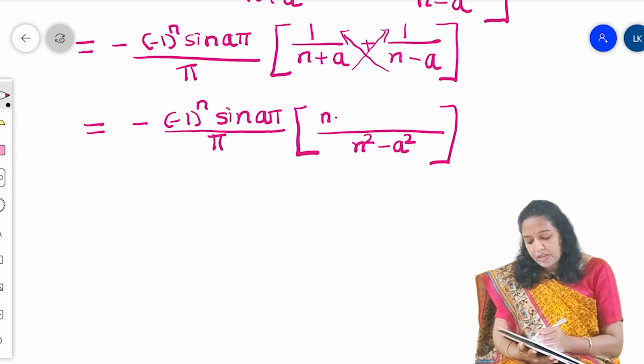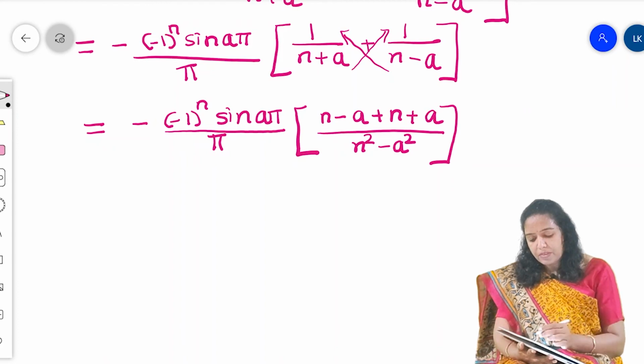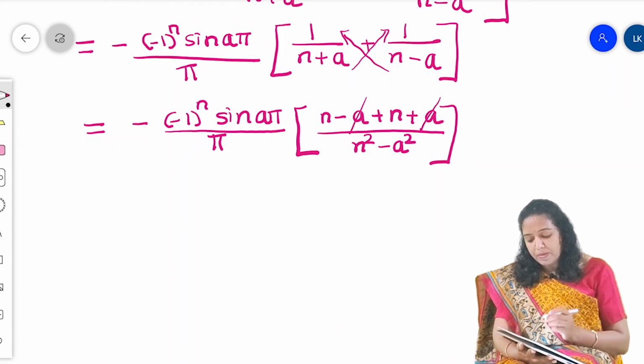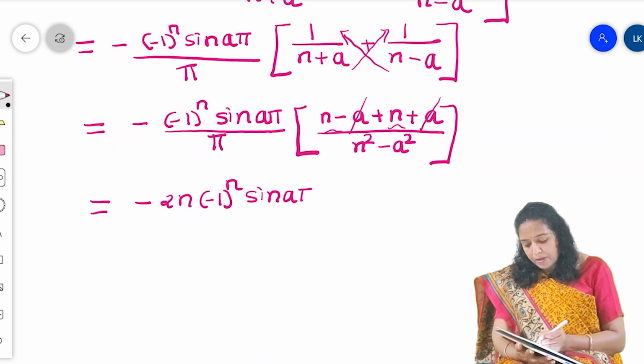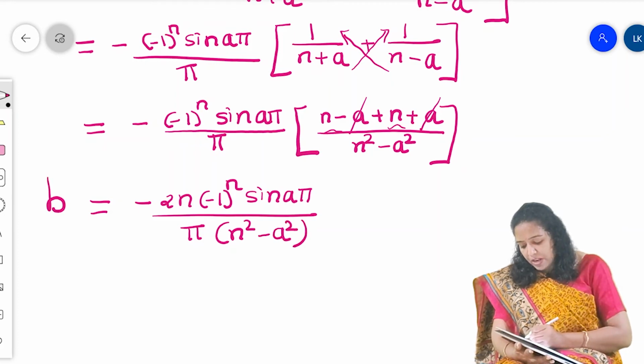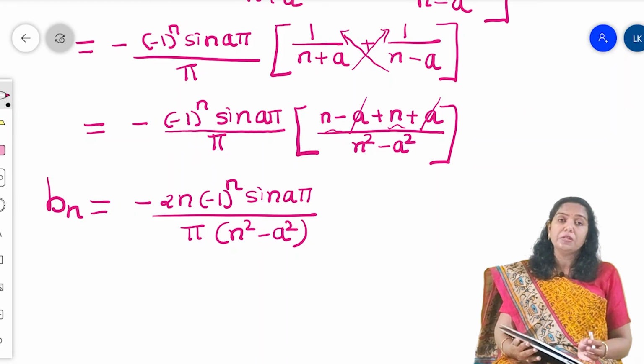That is n minus a plus n plus a. A cancels, plus minus, n plus n is 2n. That is minus times 2n minus 1 raised to n sin a pi upon pi into n square minus a square. This is the value of Fourier coefficient Bn.